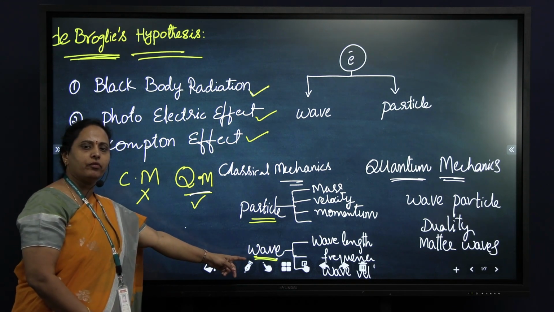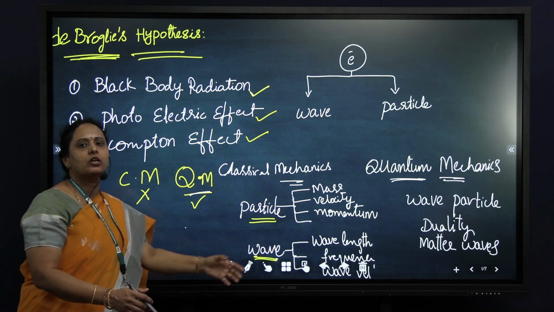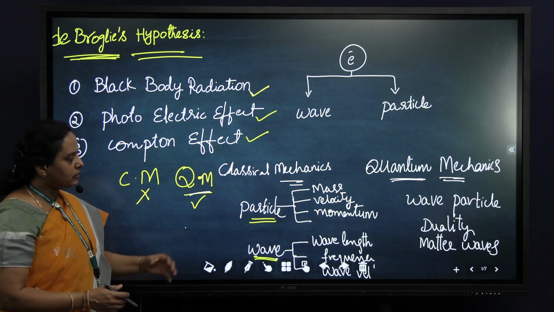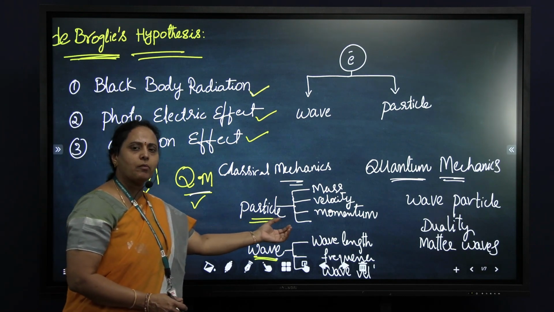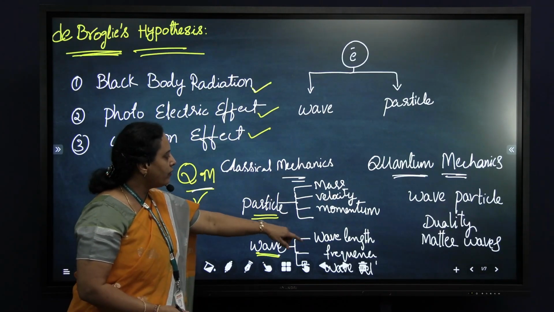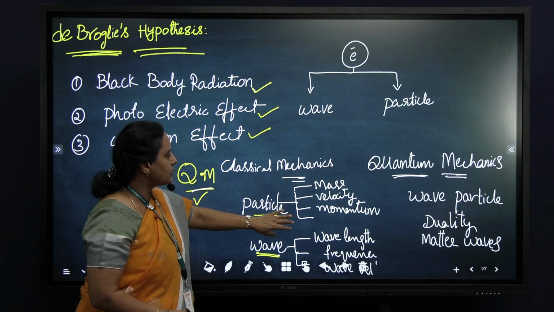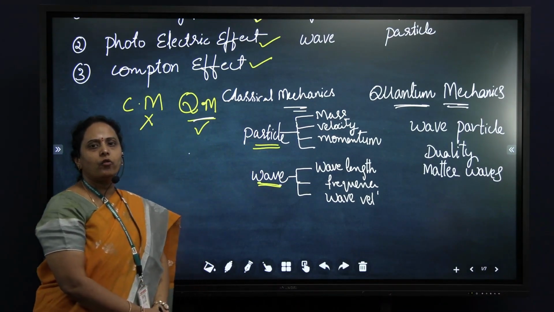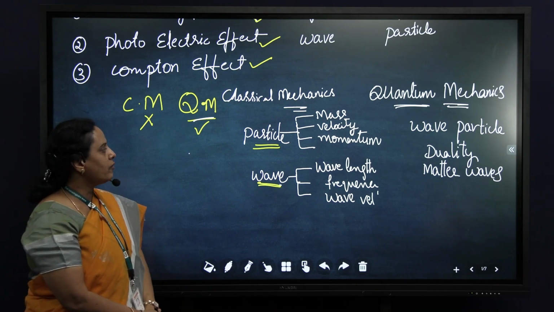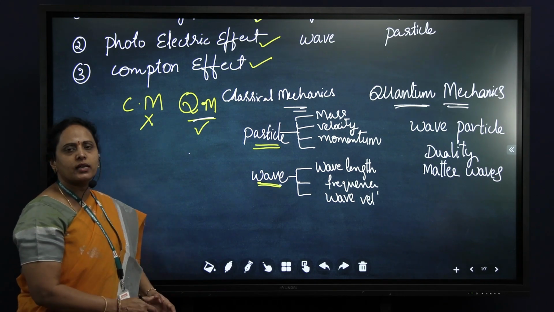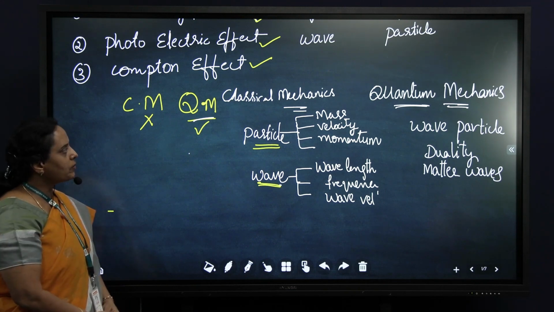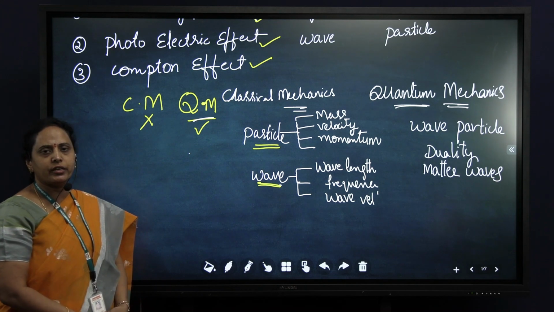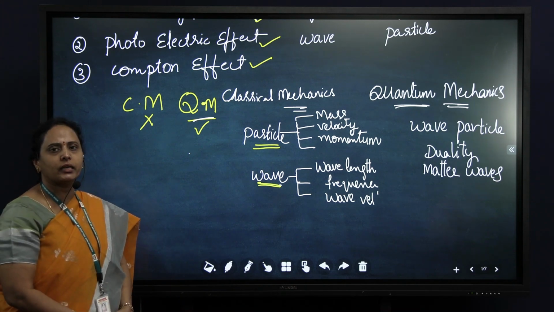But for a wave we cannot say, because it is a non-physical quantity. We can measure a wave by using characteristics like wavelength, frequency and wave velocity, by which we can find out what its characteristics are. So classical mechanics understands that particle and wave are two different entities; we cannot combine a particle with a wave.